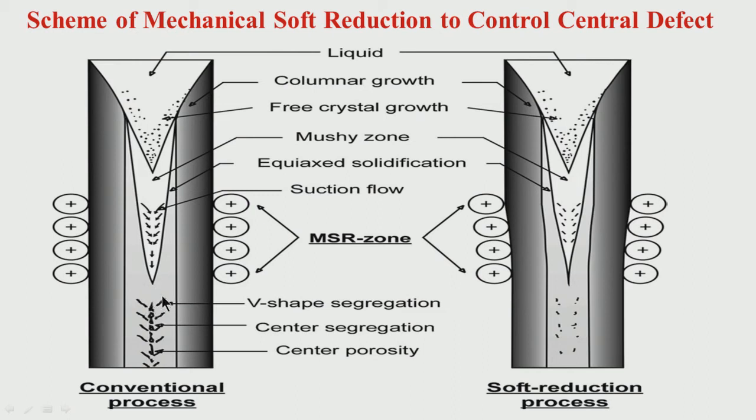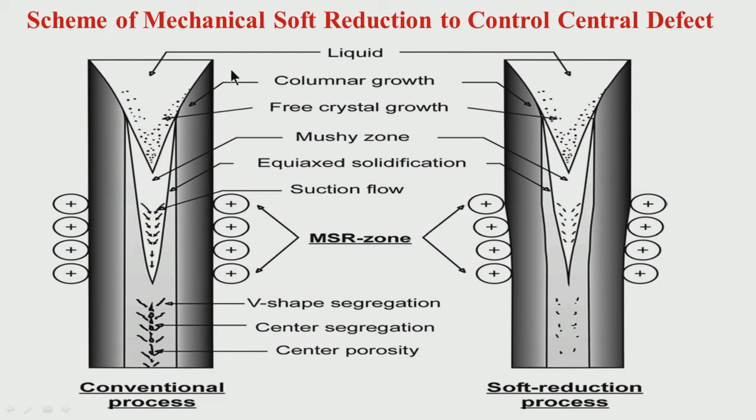V segregation is present when the segregation is distributed, but when you have the columnar zone extending till the central area, instead of V segregation you have pronounced central segregation. Segregation is concentrated at the central line only. So, this is a normal situation.